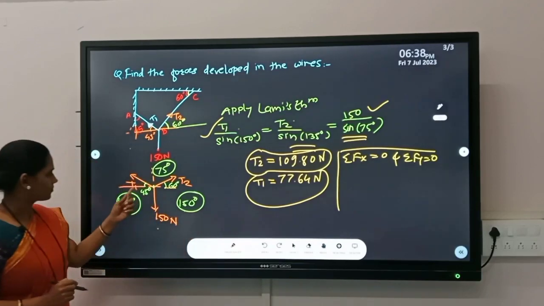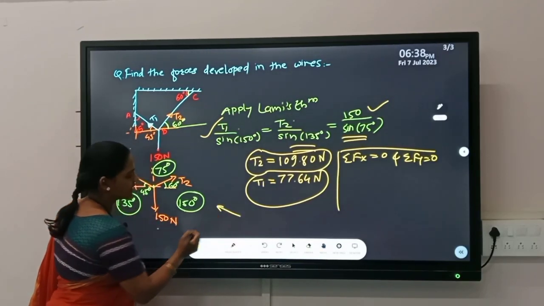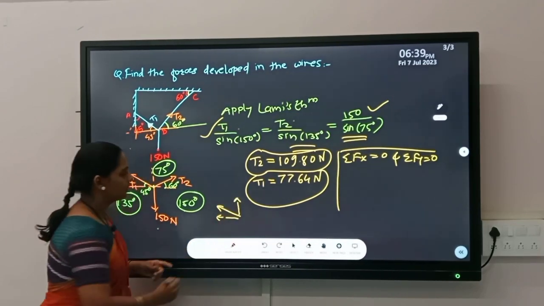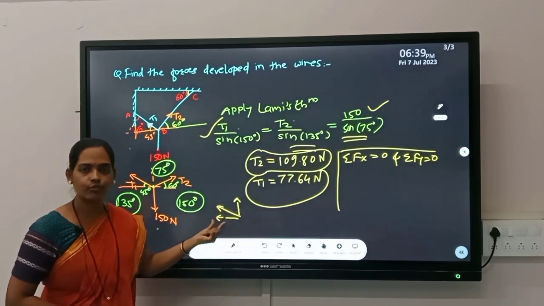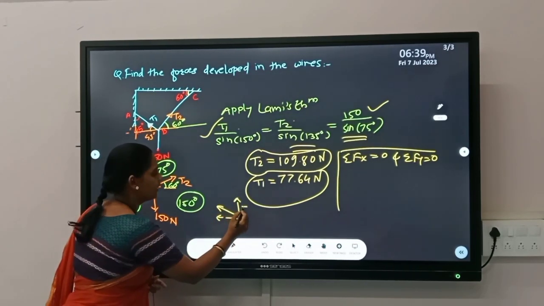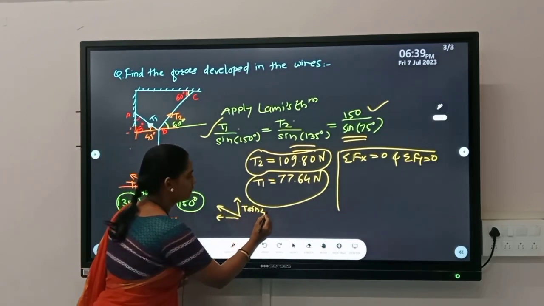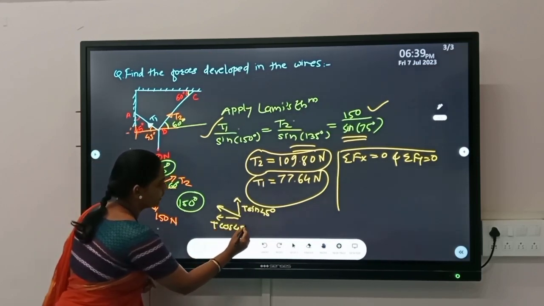So for T1, what are the resolutions? Since this force is like this, its resolutions are like this. The vertical component is F sine theta, the horizontal component is F cos theta. So it becomes T1 sine of 45 degrees and this component becomes T1 cos of 45 degrees.